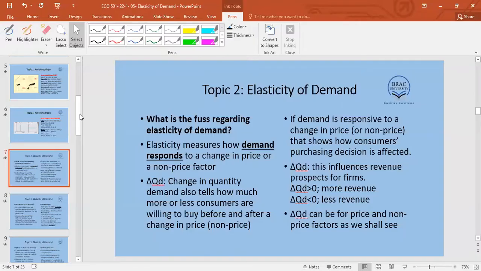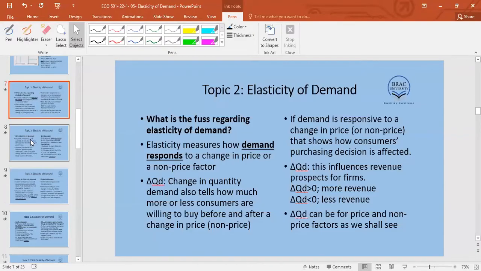Now, how we present it, with a graph, with equations, with whatever, that doesn't matter. But this thing is roughly understood now? Yes, sir. The rest is pure common sense. You can even tell it to a fourth grader. So what is the fuss regarding elasticity of demand?